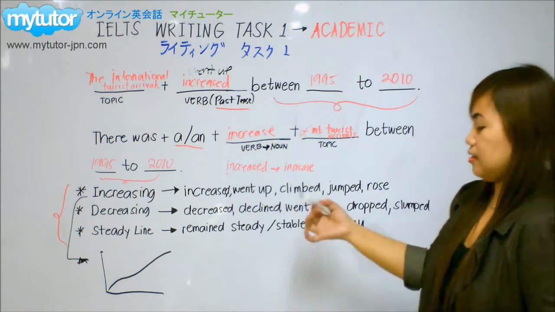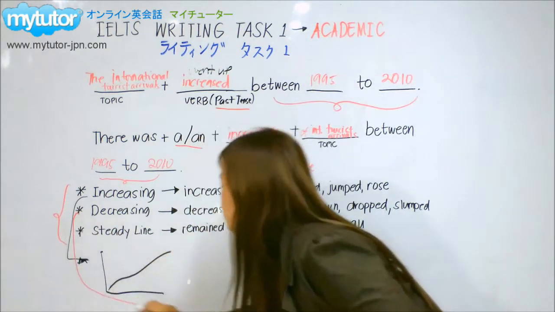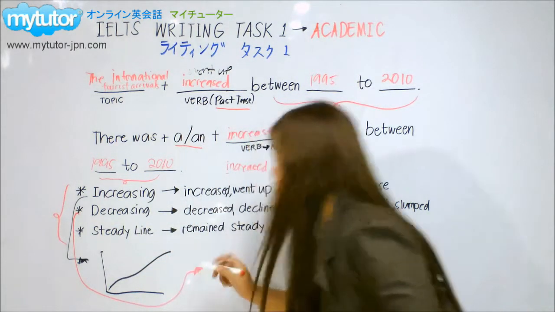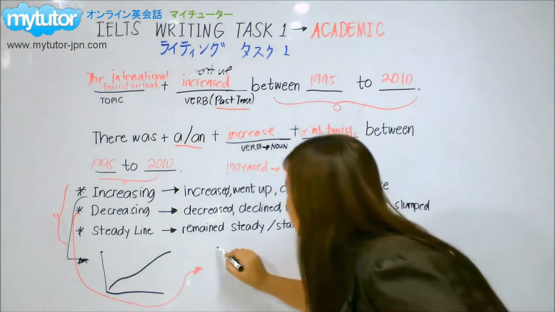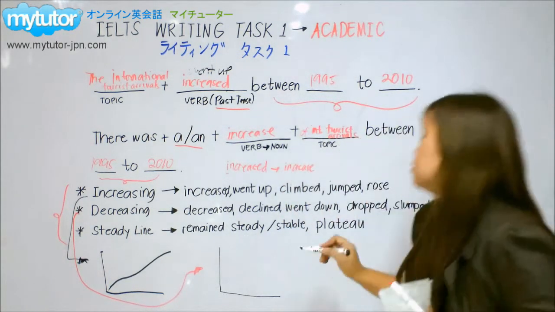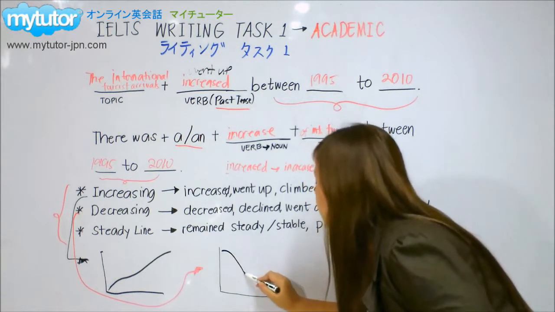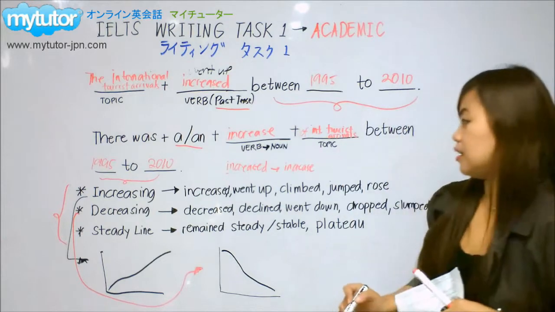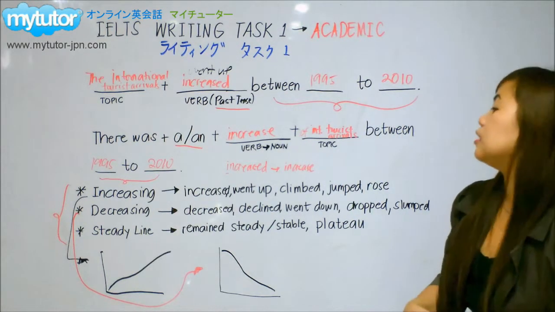Now we have decreasing. Obviously, it also means decreasing. So on the x, y axis, from a high point to a low point. What are the vocabulary words that you can use when it's decreasing?